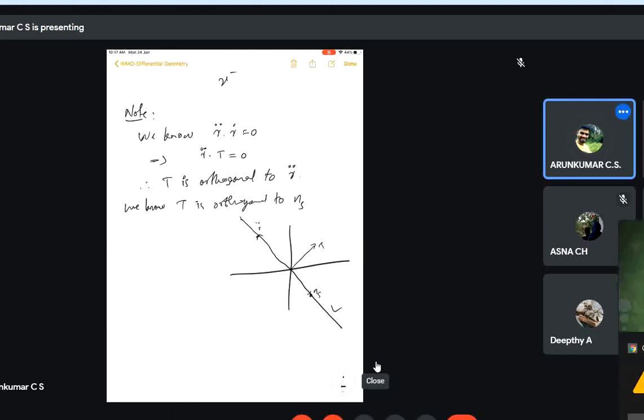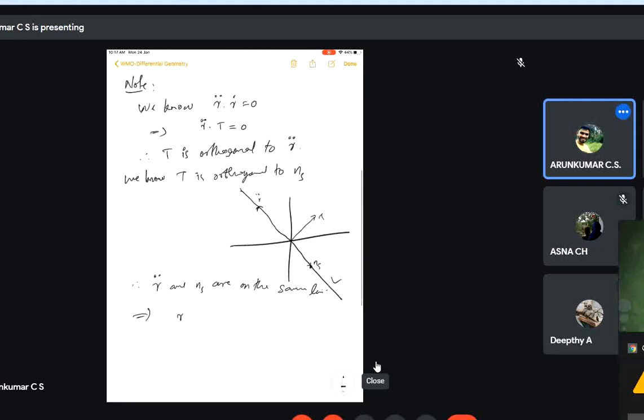So one is a scalar multiple of the other. Gamma double dot and Ns are on the same line. So this implies gamma double dot is equal to a constant times Ns.